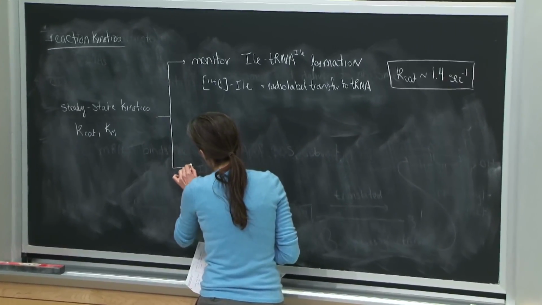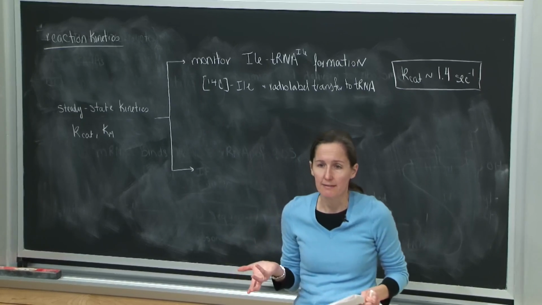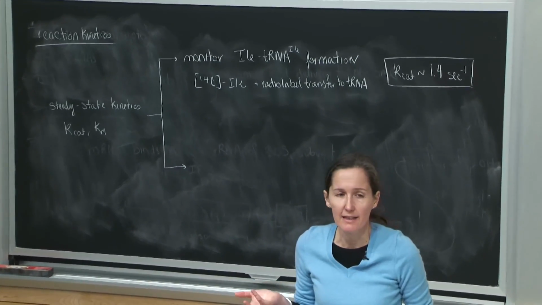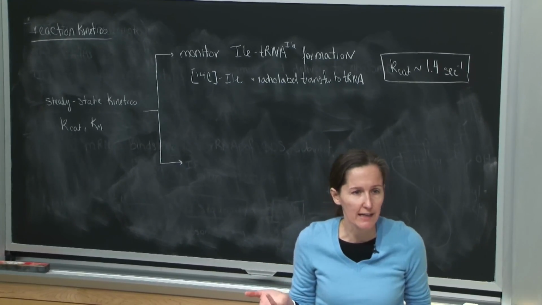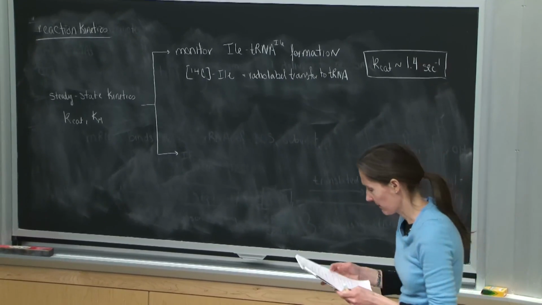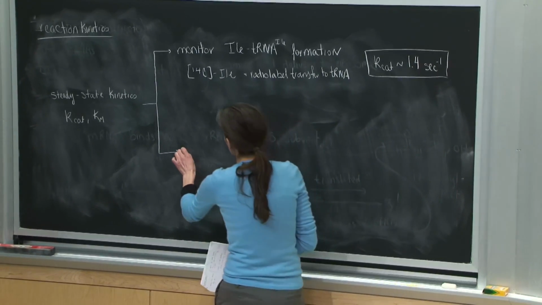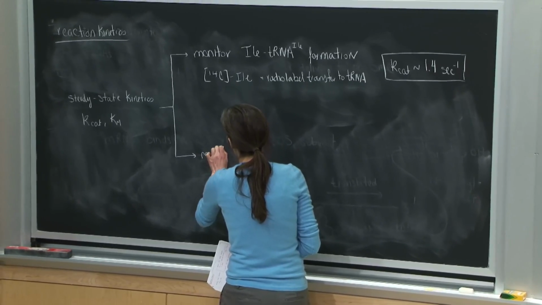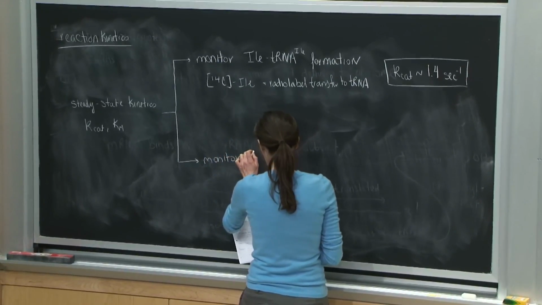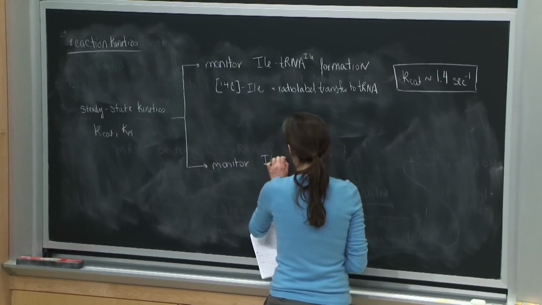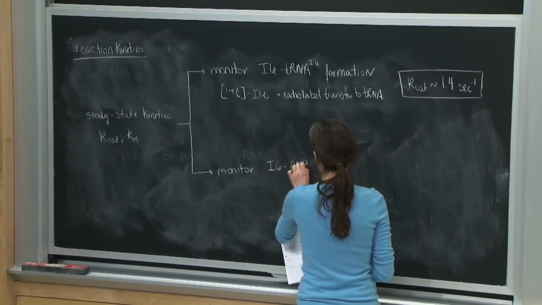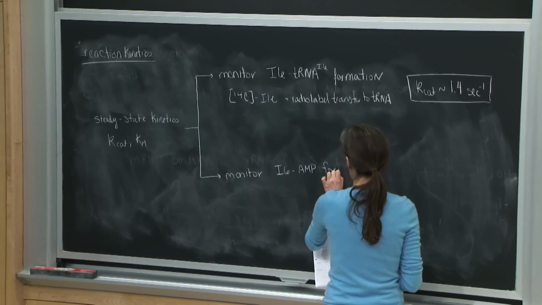And now we have a way to detect this aminoadenylate intermediate, and we'll talk about that assay in a minute after we get through this comparison. We do a steady state experiment to monitor formation of this aminoadenylate intermediate.